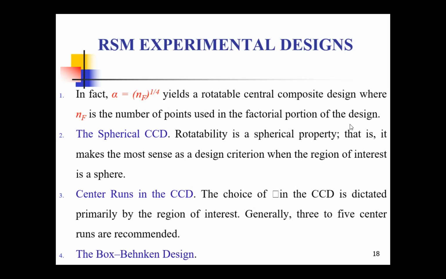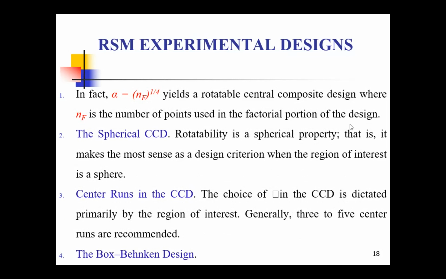So depending on the number of points used in the factorial portion of the design, the alpha values can be changed so that the rotatability of the surface design can be achieved. The design has the factorial portion, centers and axial points, so by changing the alpha values, the factorial design positions can be changed.